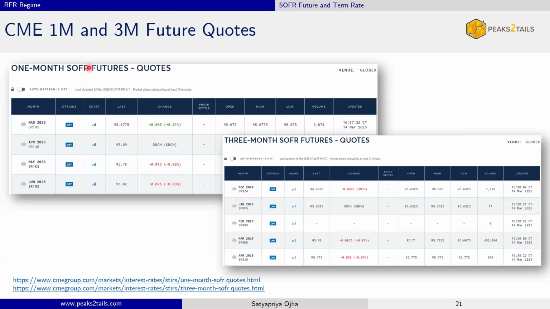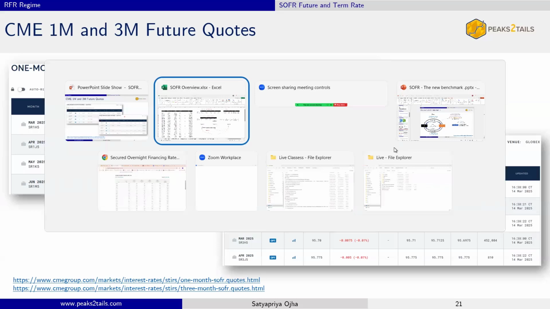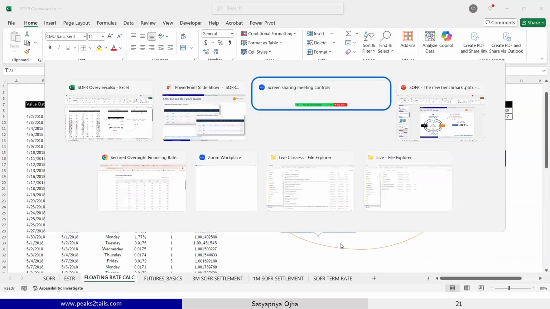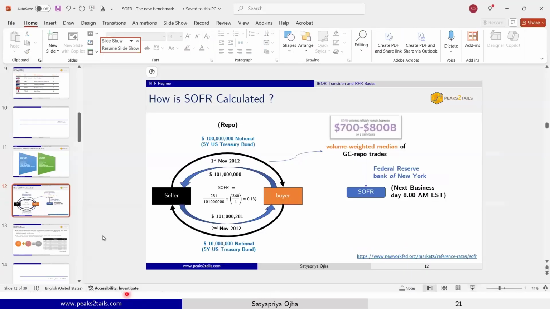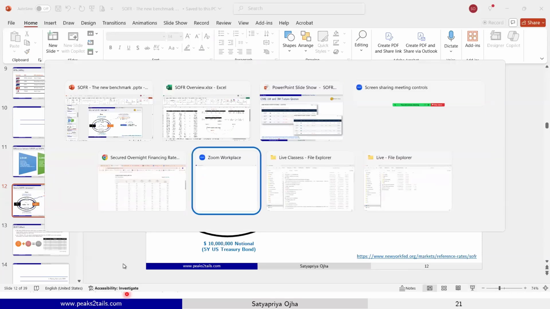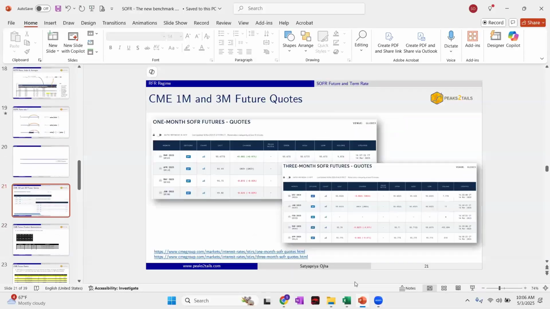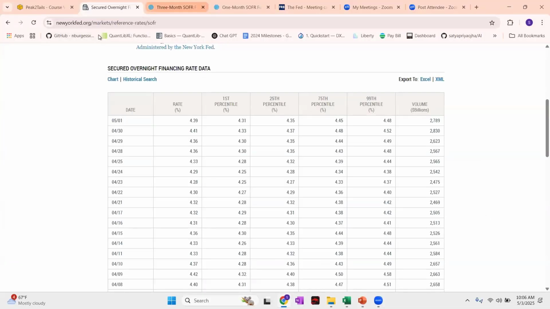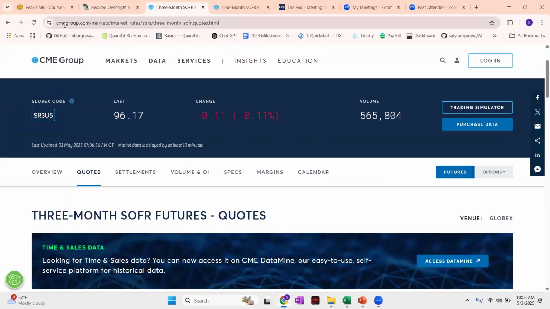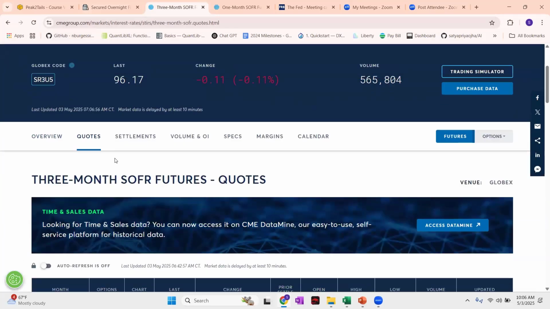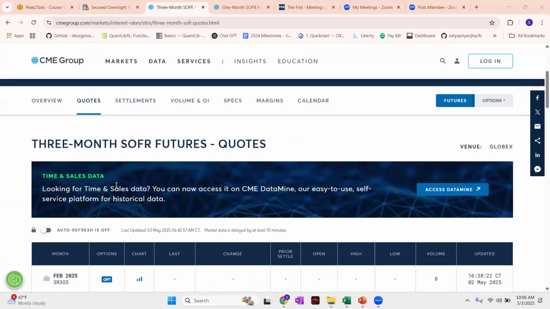All right, so CME has these two popular futures. One is 1 month SOFR futures and then 3 months SOFR futures. Let me quickly take you to their website so you can have a look at it. Okay, so if you go to the CME Group website, they have the 3 month SOFR future quotes.